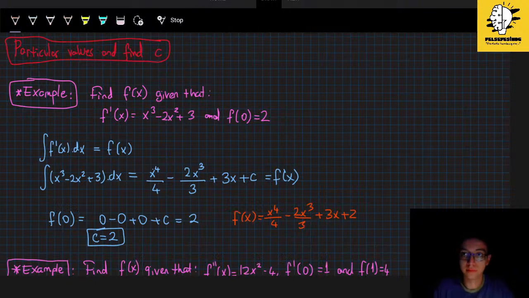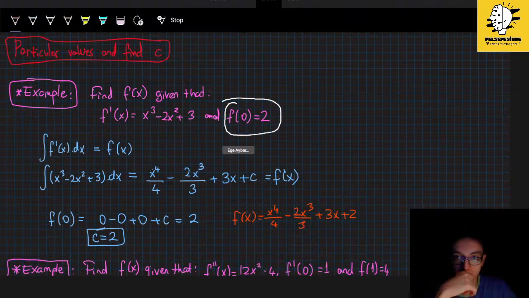Alright. So, particular values, and these kinds of questions come up in IB. This is the part where we find the constant of integration. Let's take a look at it. It asks us to find the function f(x), given that it gives us the derivative and also some additional information about the function.